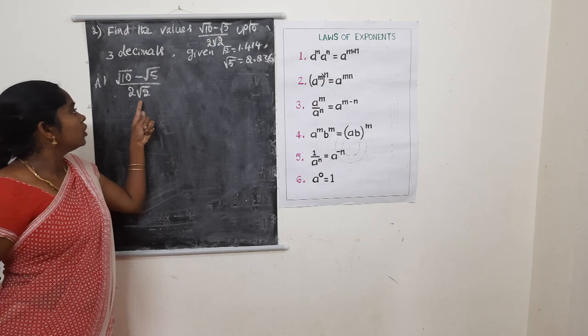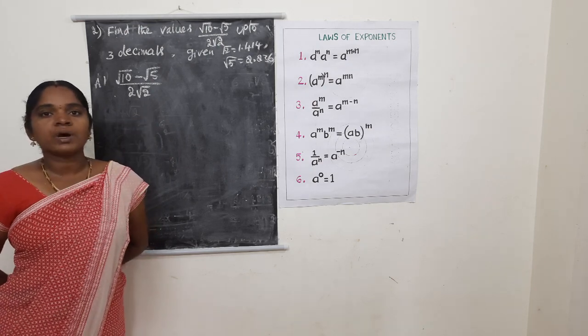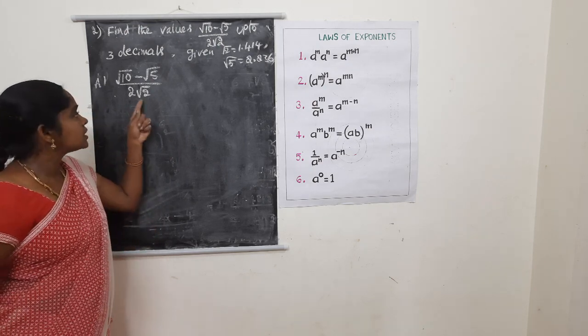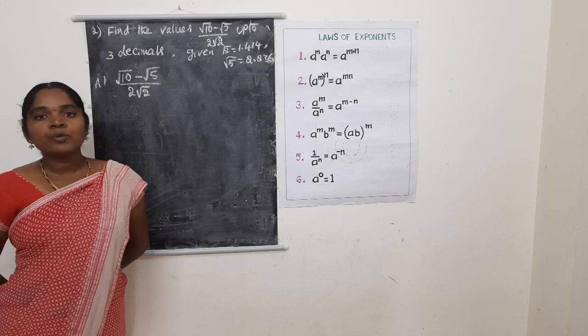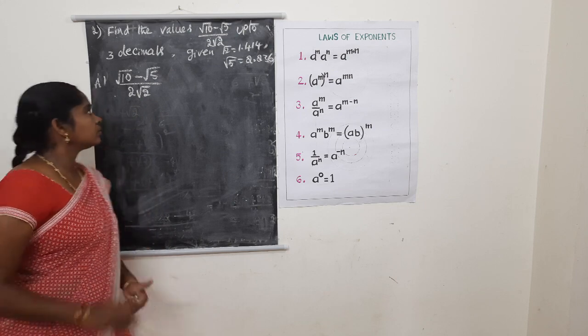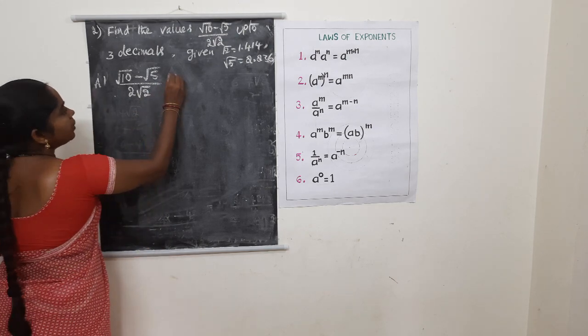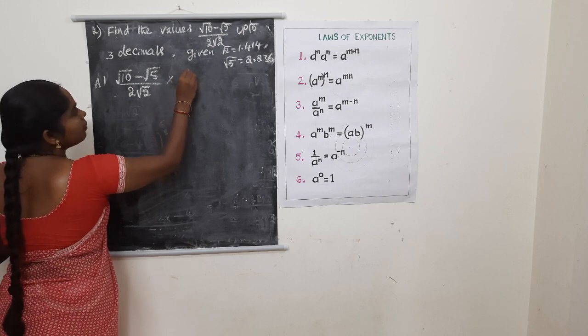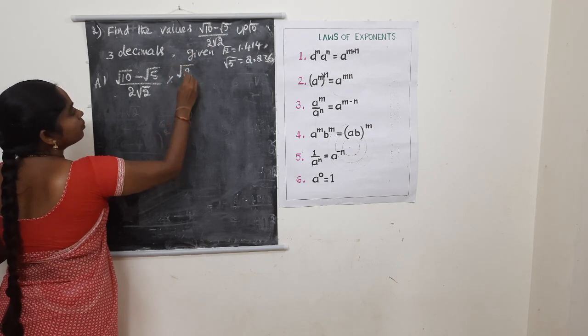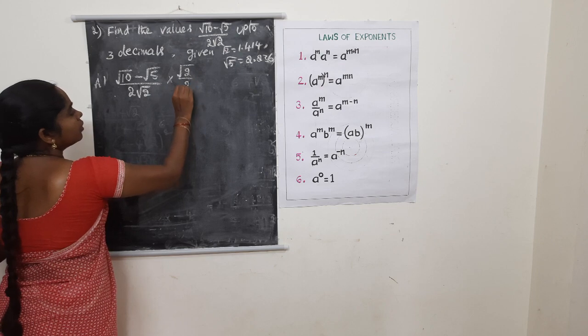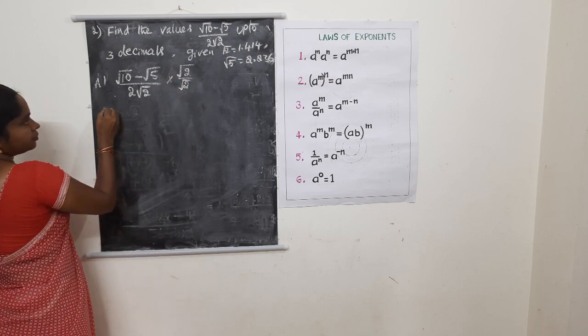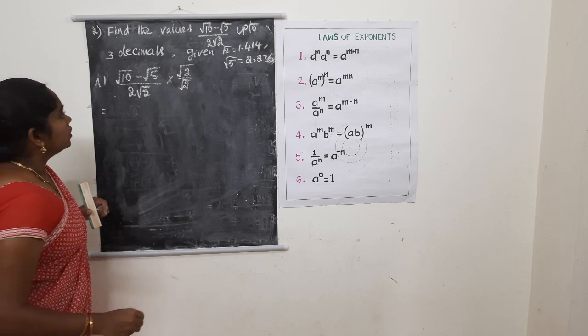So 2 root 2, root 2 is an irrational number. How to rationalize this root 2? We need to multiply with the same number, root 2 by root 2.